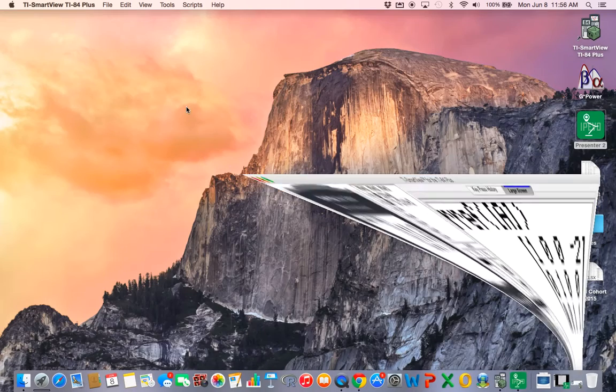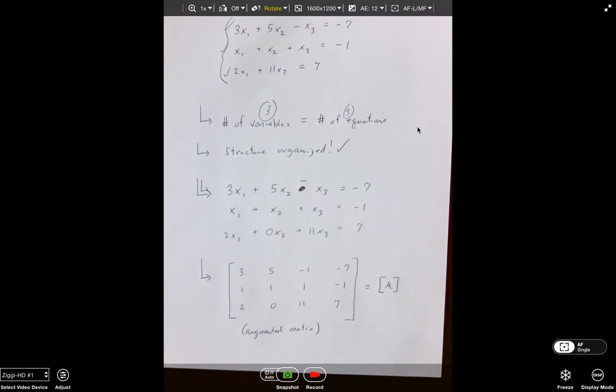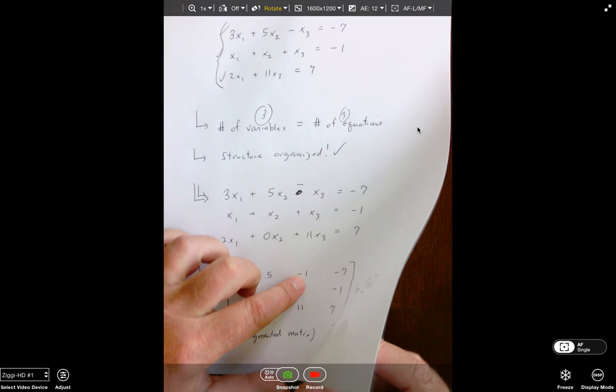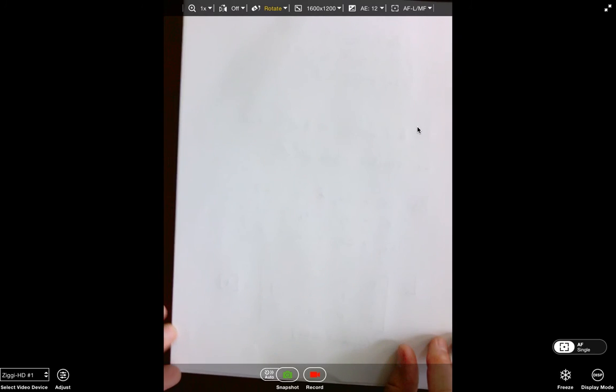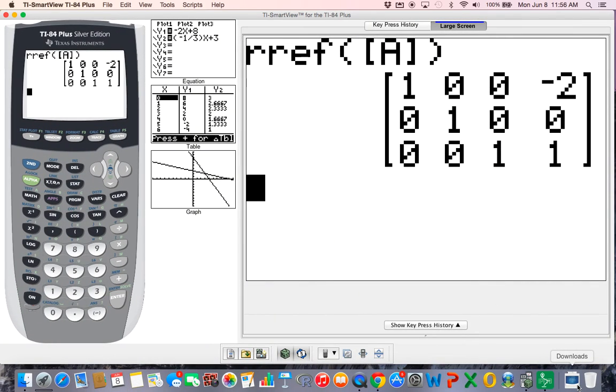So gang, I don't care what you say, you can't get this problem solution any easier than I just told you. Our solution to this problem from your calculator looks right like this, okay?